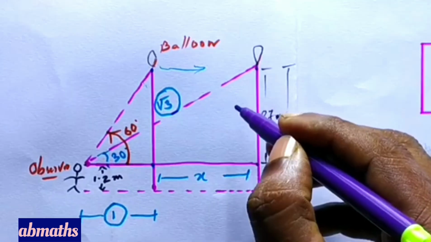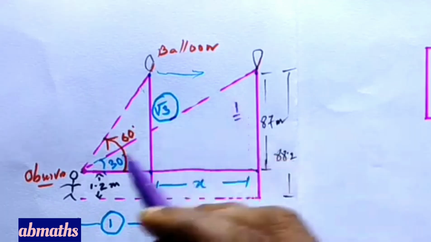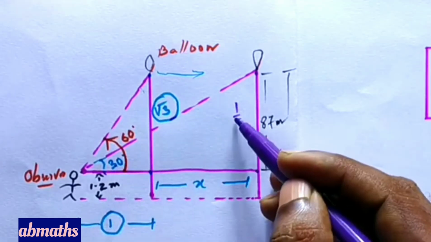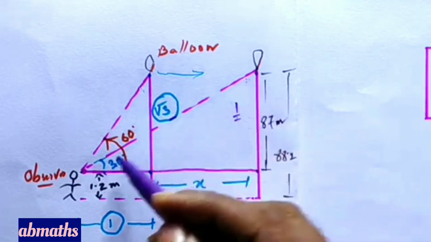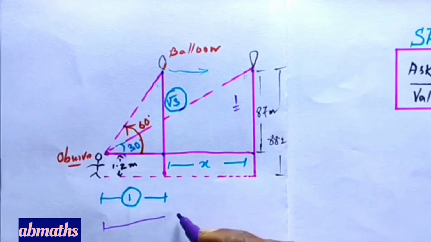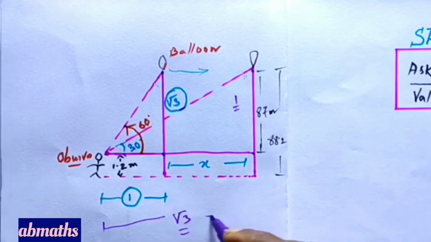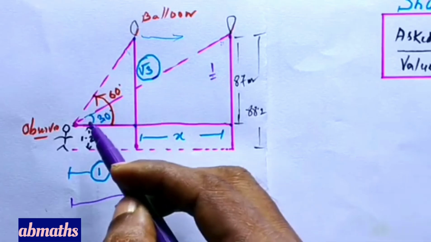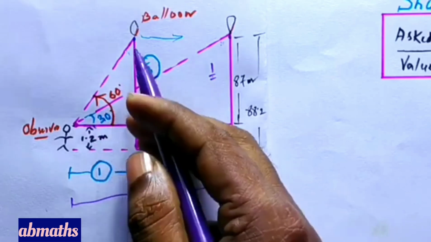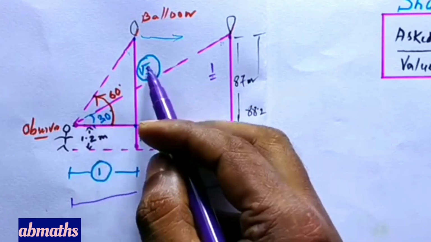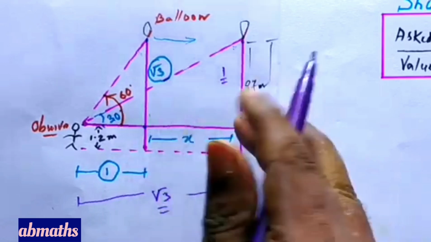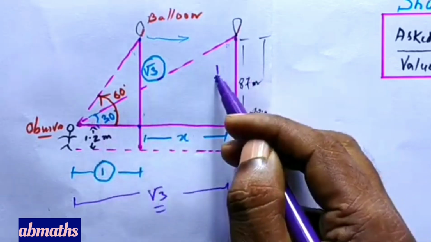It is 1, and opposite to this 30 degree the ratio is 1, and this must be 60. So opposite to this will be this whole side. So it is root 3. Let us underline it. Now in the same height, this triangle says that this is root 3, the height this one, these two lines are parallel, and the big triangle says this is 1. So it is not possible.